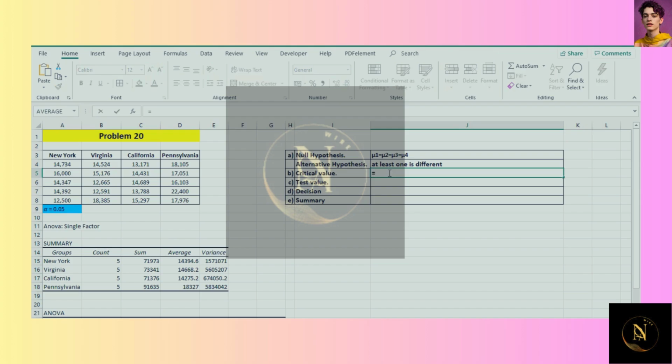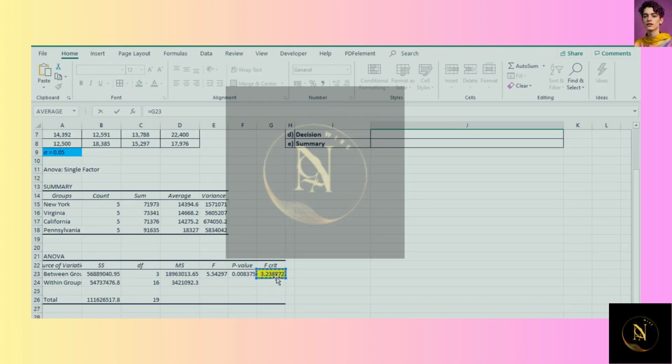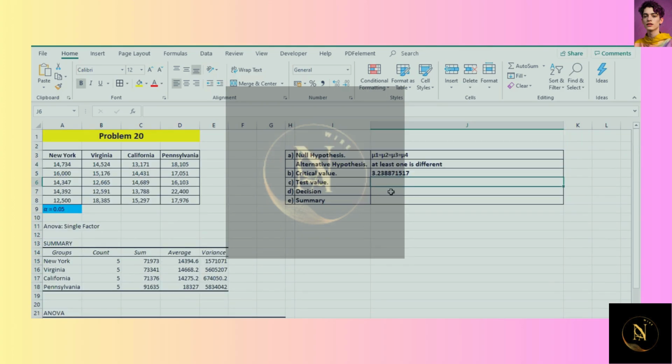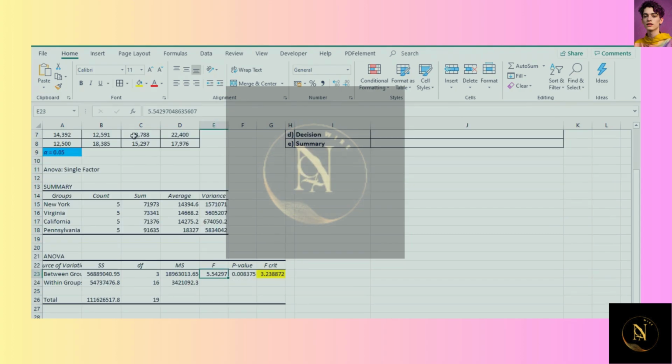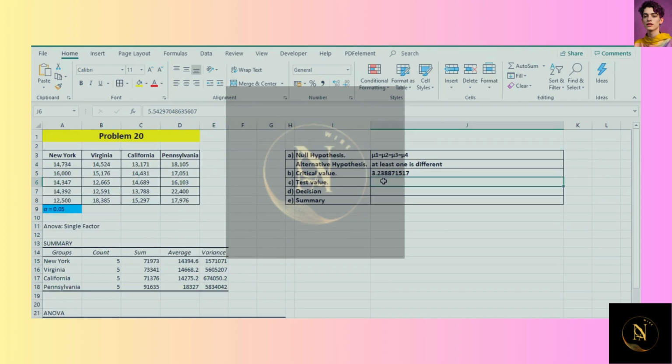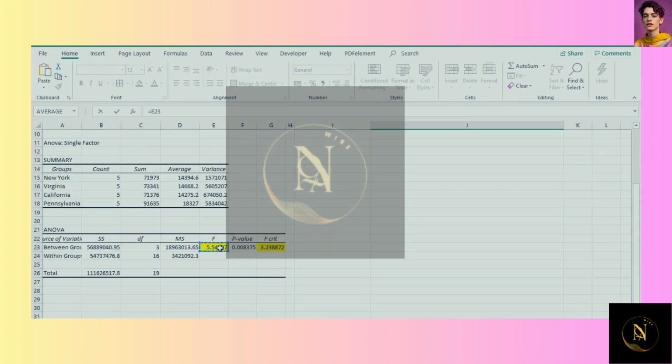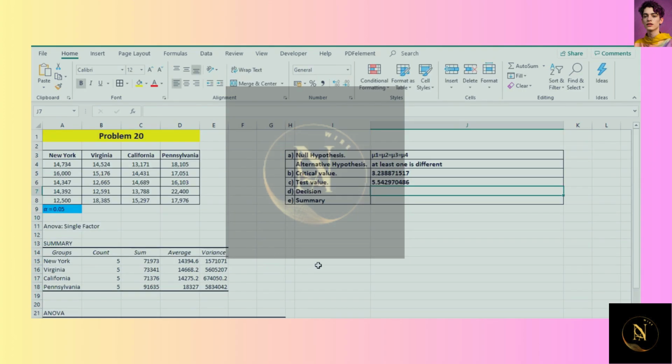So the critical value in this case is 3.23887, and the test value is the calculated value of F, which can be seen here. So the test value equals 5.54297.